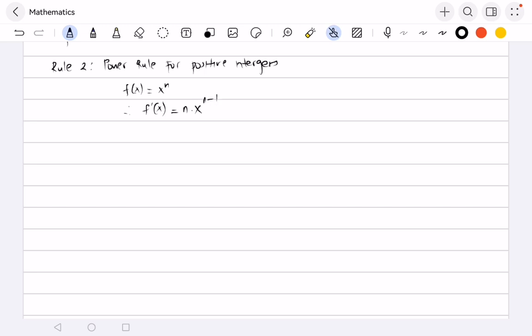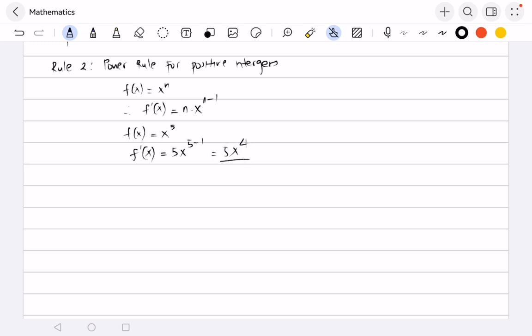So for example, let's say we have f of x equals x to the exponent 5. This means that the derivative of f of x is going to be 5x to the exponent 4, or you can say x to the exponent 5 minus 1, which is 5x to the exponent 4. So this will be the answer.